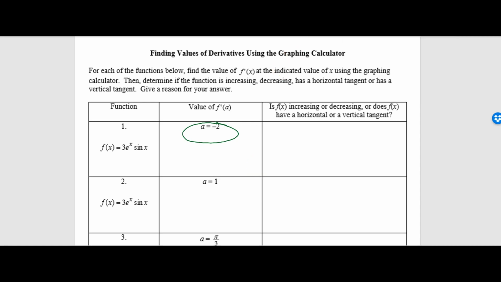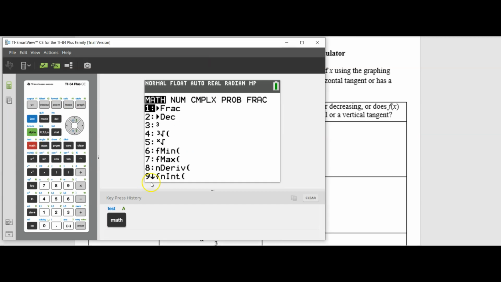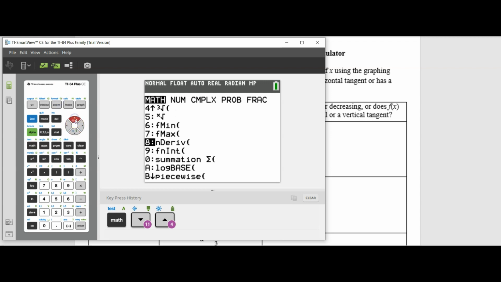So let's go back to the calculator and I'll show you how to do that. First, we're going to go to the math button. Hit math, go all the way down to the bottom, and we're going to go to option number 8, nderiv. I'm going to hit enter.